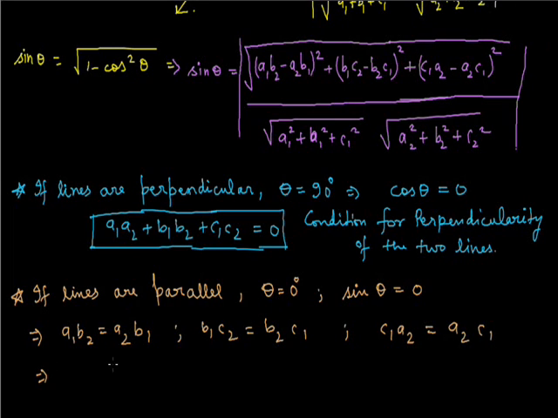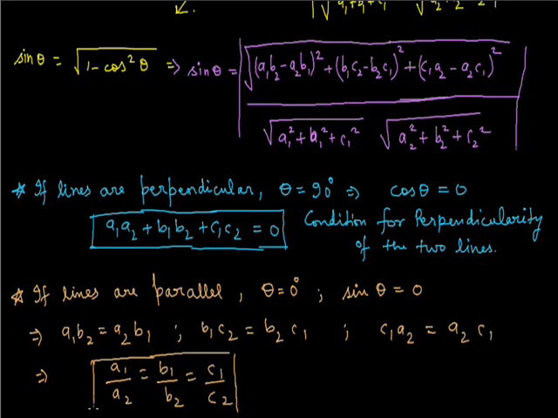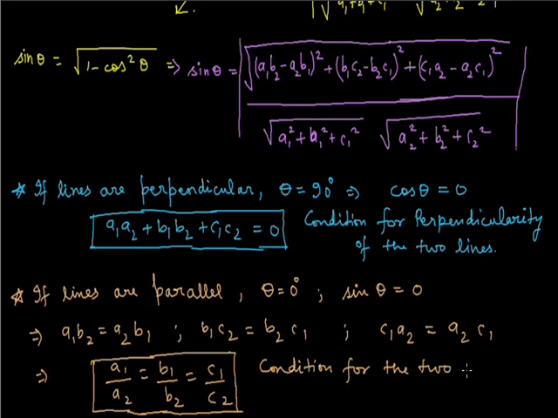On simplification, we will get a1 upon a2 equals b1 upon b2 equals c1 upon c2. So this is the condition which we need to apply when we are given that the lines are parallel.